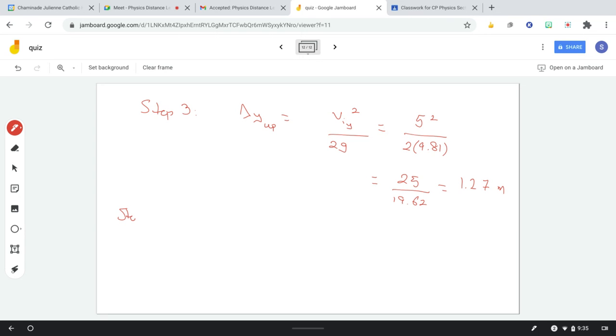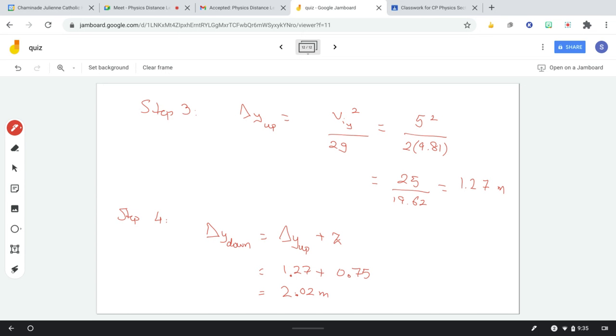Step four was to find delta y down, which is equal to delta y up plus any height difference. In this case, since the receiving end is lower than the launch height, you would add them: 1.27 plus 0.75, our height difference, which equals 2.02 meters.